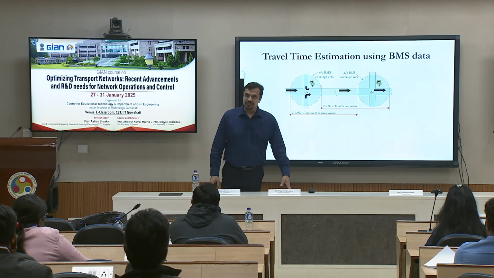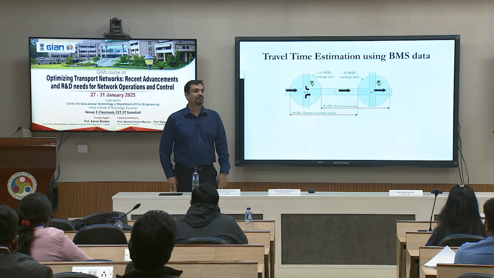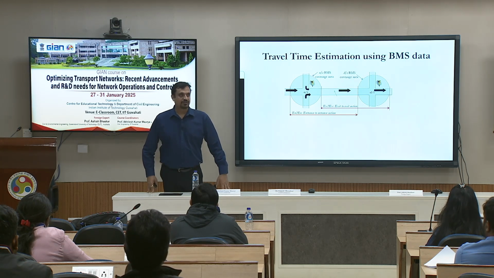So is it entrance to entrance, exit to exit, or doesn't matter? You can use any of them and you can simply get that delay. Both can give you some delay value. Yes, both can give you some delay value, but which one should give you a better delay for the downstream? Exit to exit. Why?